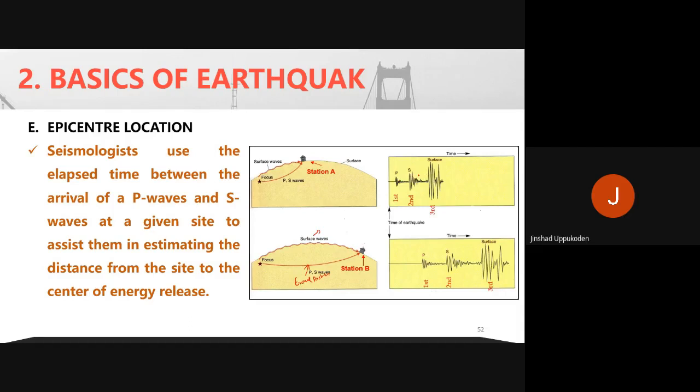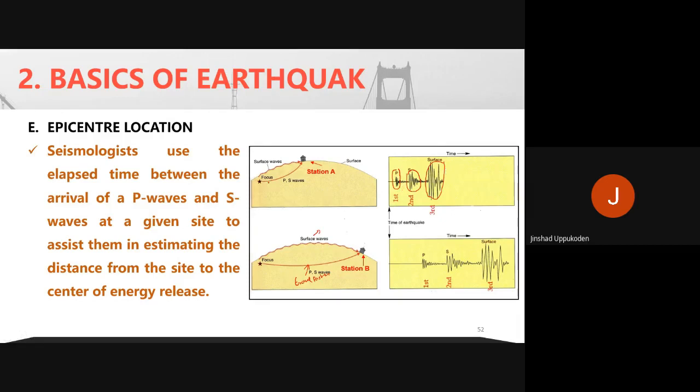For example, there is a graph shown here. You can see the first to arrive is the P waves, since they are the fastest. The second to arrive is the S waves. Both travel through the body of the earth. And then come the surface waves, which cause the maximum damage, with higher values of displacement compared to these two.